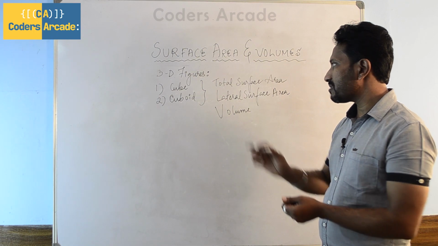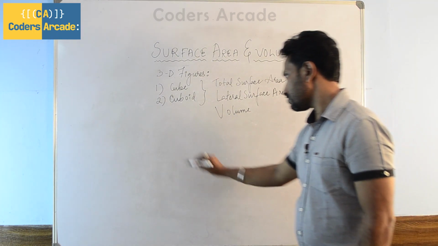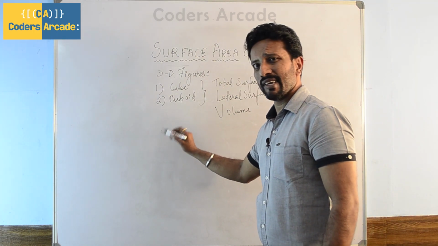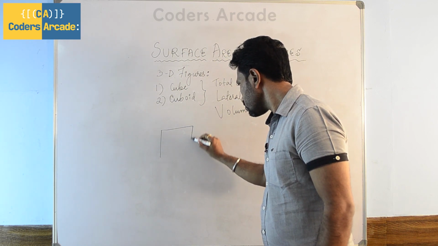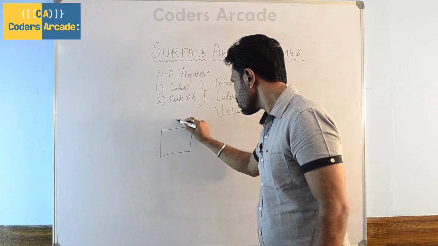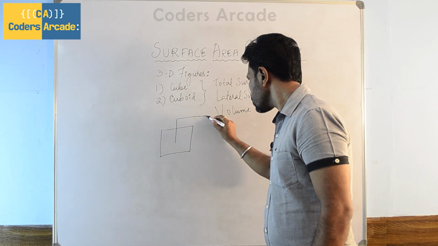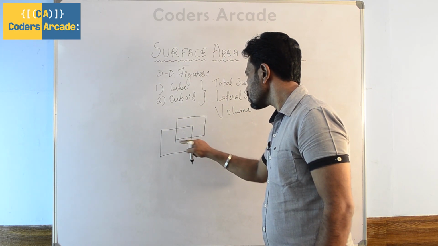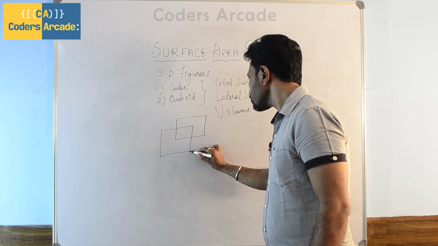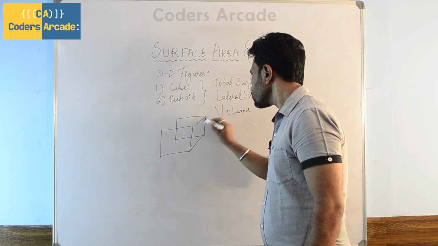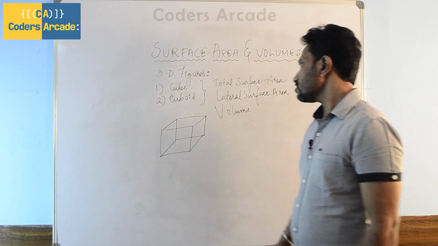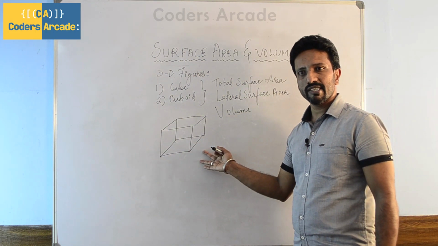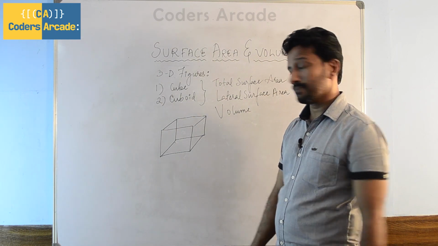Now let me first draw the diagram of a cube. I will draw a basic rough diagram. So you can see this is the rough diagram of the cube.